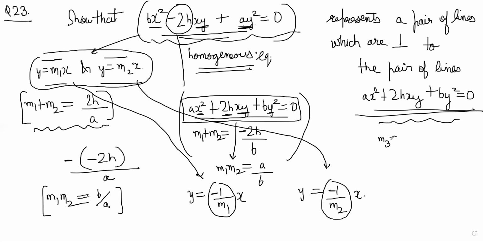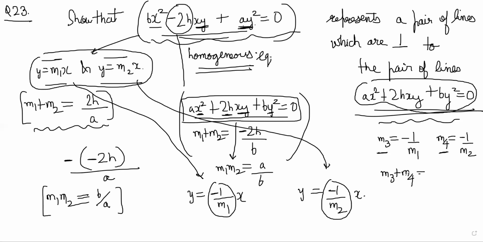Let's say m3 is minus 1 by m1 and m4 is minus 1 by m2, right? And since this line pair is being represented here, we will have m3 plus m4.